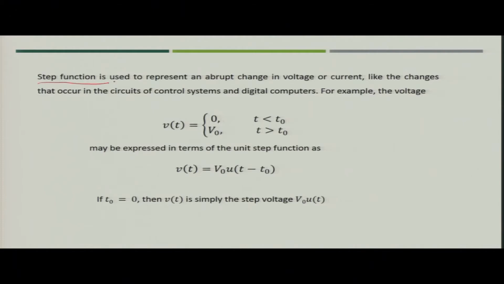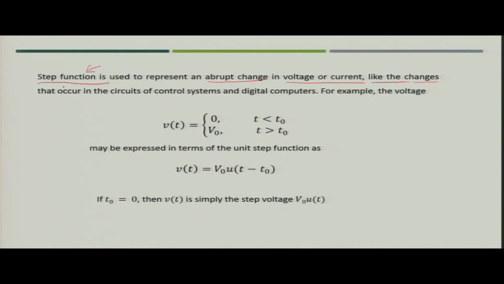Now, the step function is used to represent an abrupt change in voltage or current. Whenever you apply voltage or current to a circuit through some switching arrangement, you suddenly apply the source to the circuit, and it is represented with the help of the unit step function.